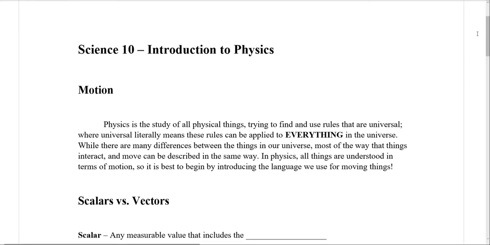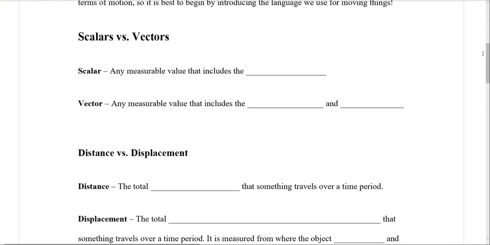So let's get started talking about some of the vocabulary and ideas that we're going to use in our physics chapter. The first thing that we're going to discuss are scalars versus vectors. Now, a scalar is any measurable quantity that includes the magnitude. And magnitude is just a fancy science word that means size.